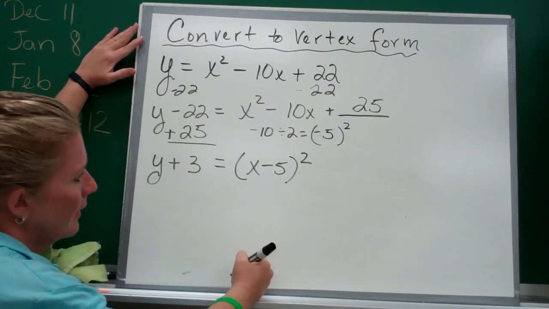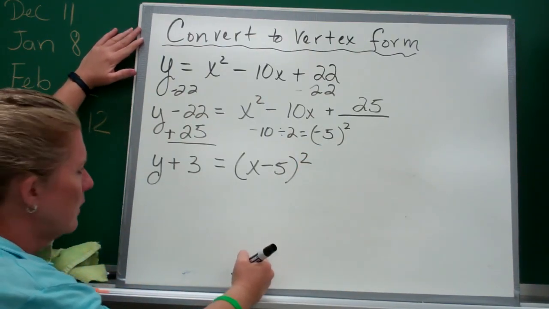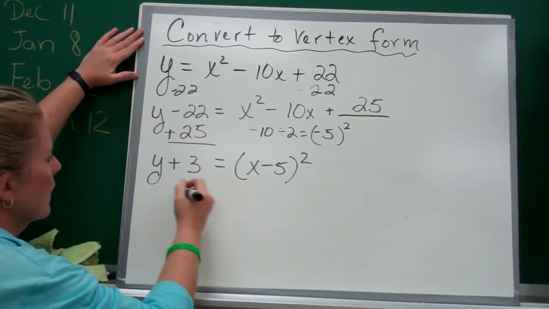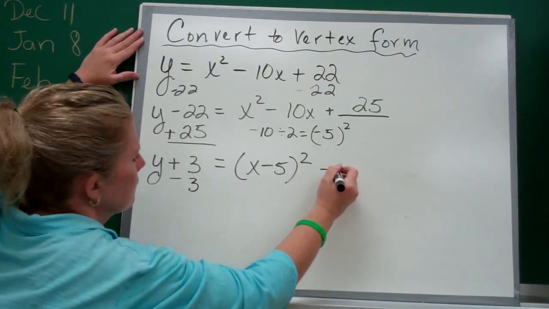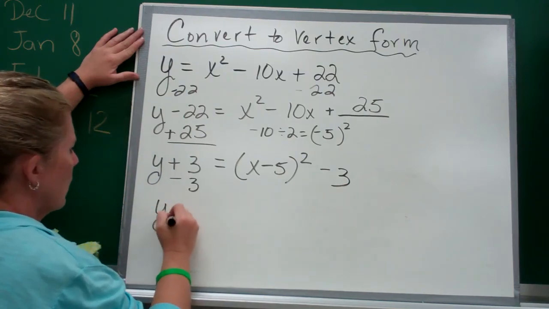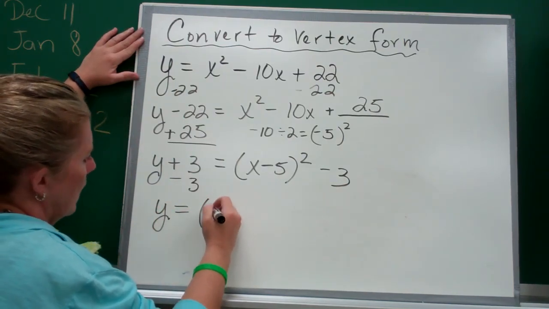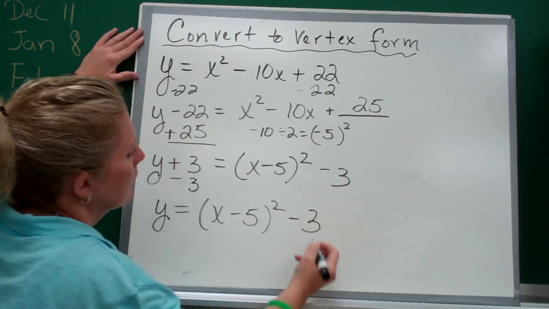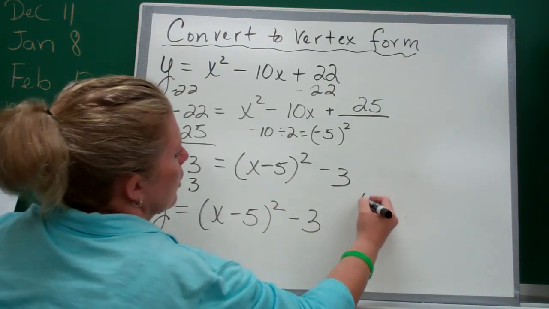squared. Okay, it's not quite in standard or vertex form yet. We got to subtract the 3. Y equals x minus 5 squared minus 3. Remember, vertex form.